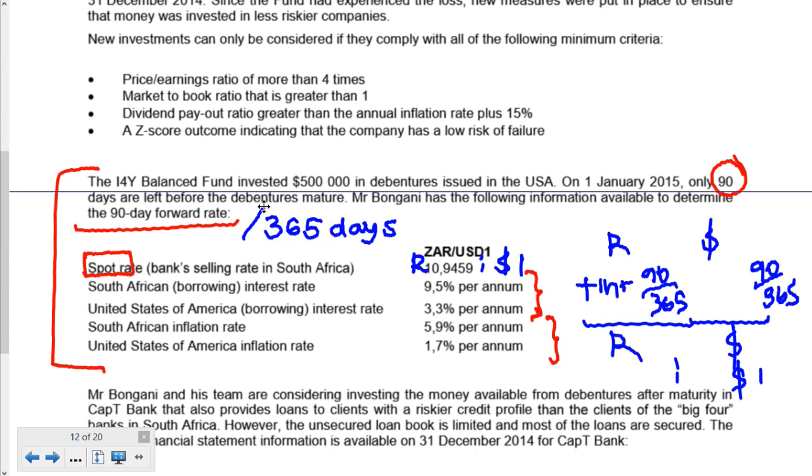So I'm just going to start with 10 Rand 9459. Do you agree? Do you remember that? Yeah, and then you're going to add interest. The South African interest is 9.5% per annum, so you add it for 90 days.